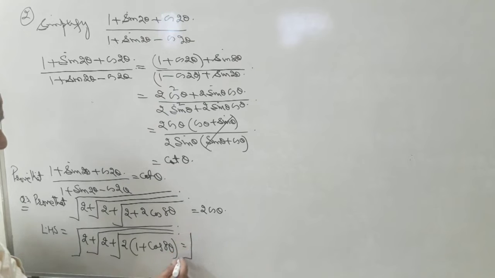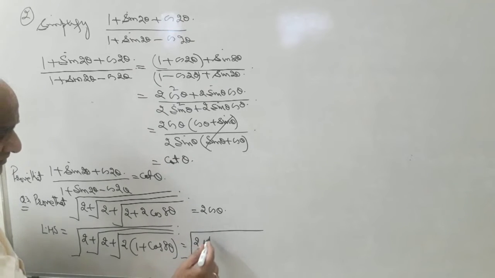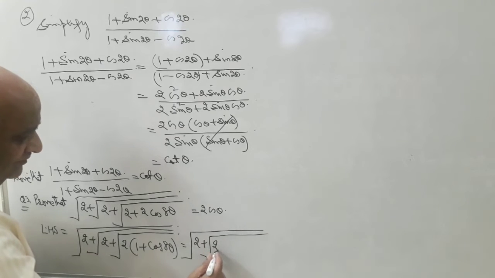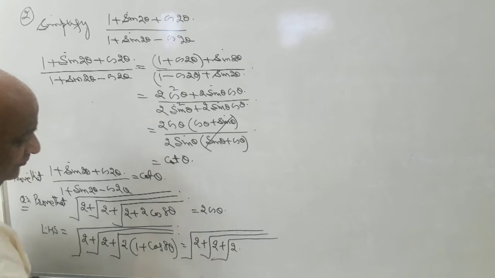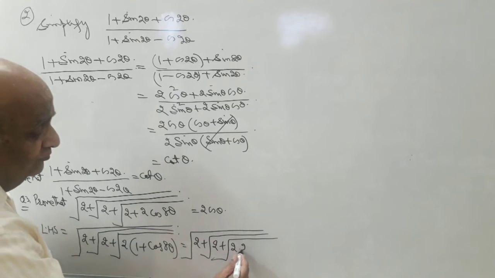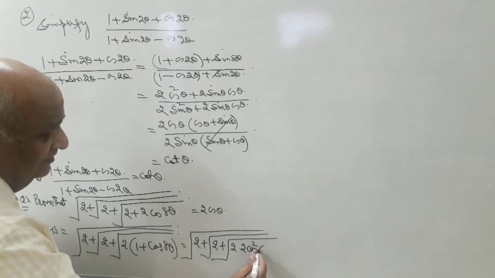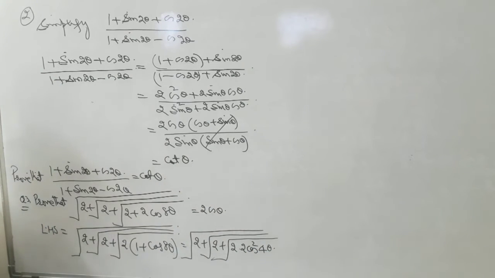So it is under root of 2 plus under root of 2 plus under root of 2 into 1 plus cos 8 theta, that is 2 cos square 4 theta, because we know that cos 8 theta is 2 cos square 4 theta minus 1.